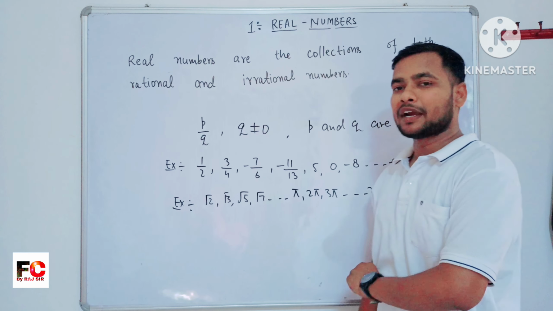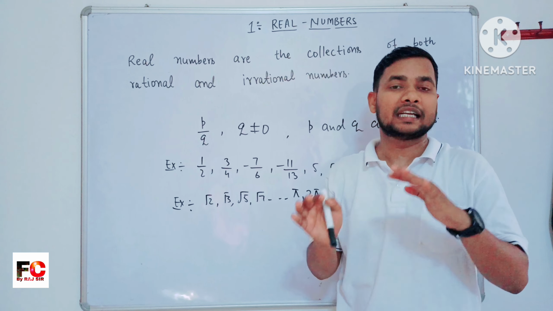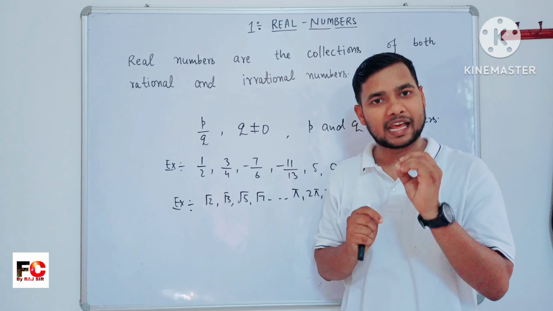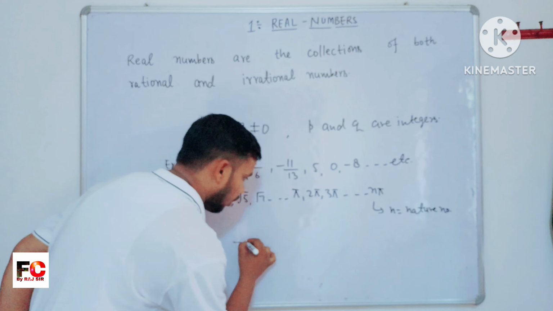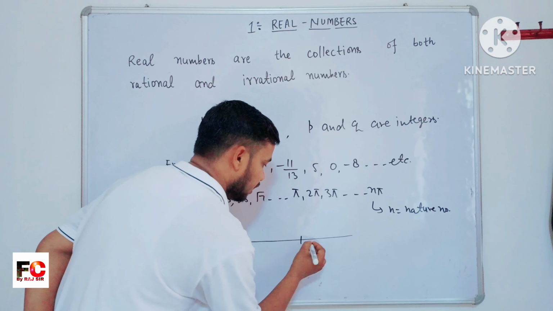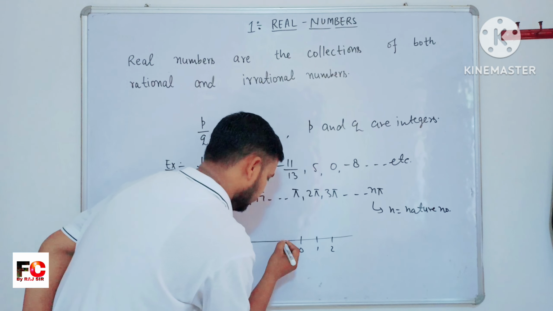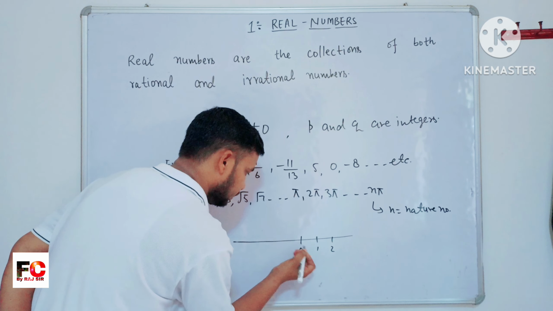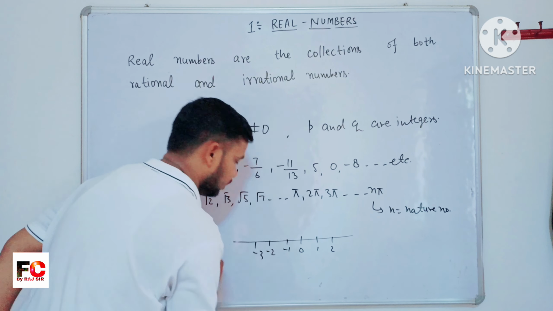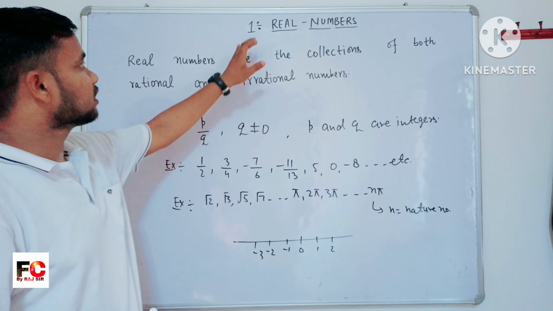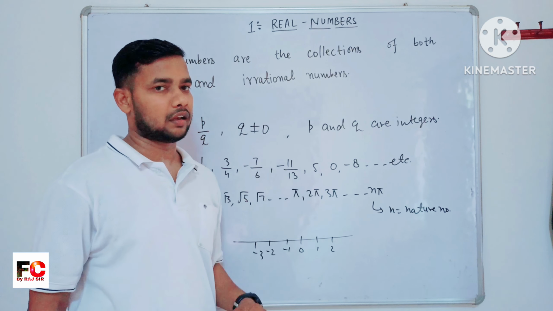The next point is that real numbers can be represented on the number line: 0, 1, 2, and if you move this side, minus 1, minus 2, minus 3. These numbers can be represented on this number line.